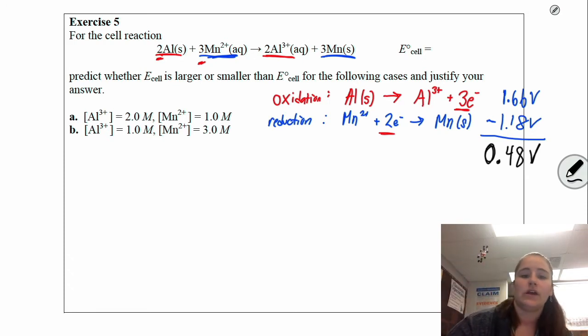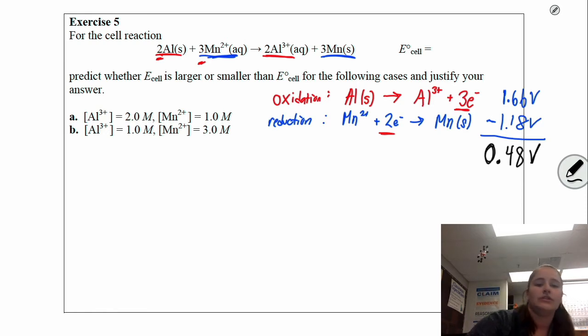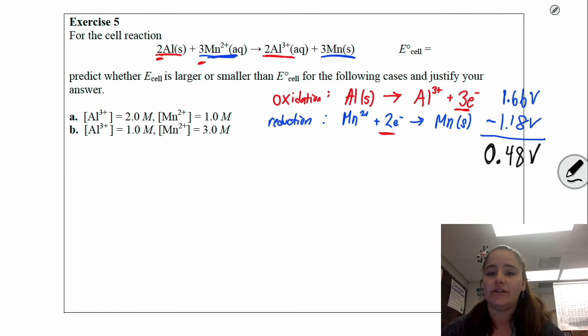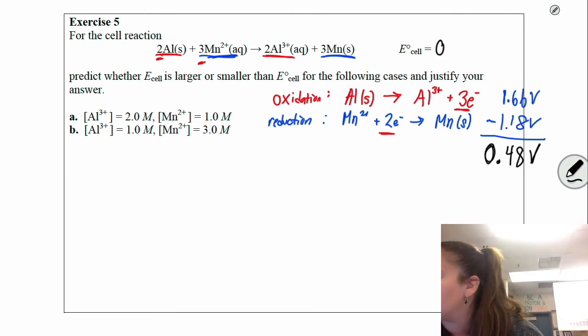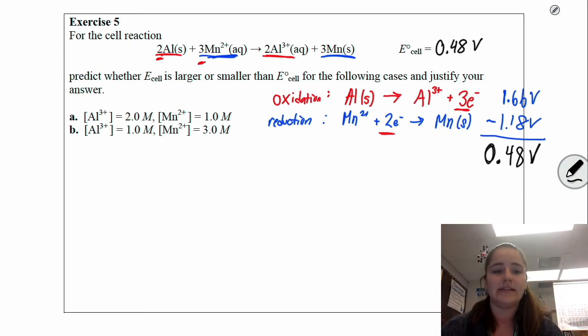That is our standard cell potential, and now we have to predict whether E cell is going to be larger or smaller in each of the following cases. So first, let me go ahead and fill that in. The easiest way to think about it is in terms of Le Chatelier's and shifting equilibriums.